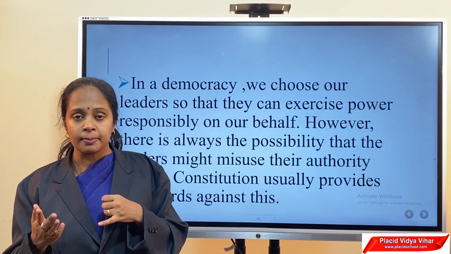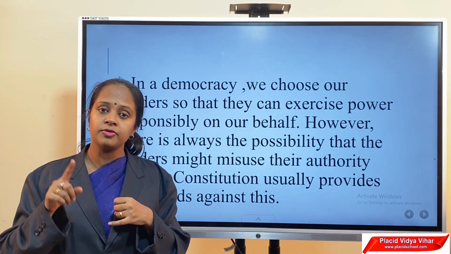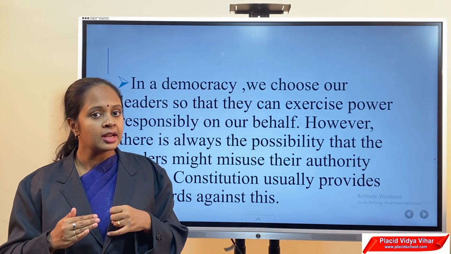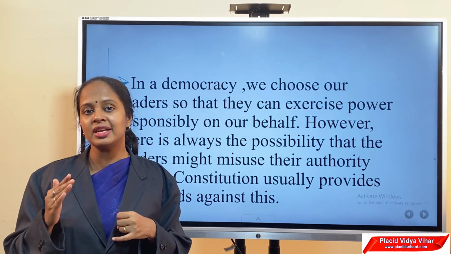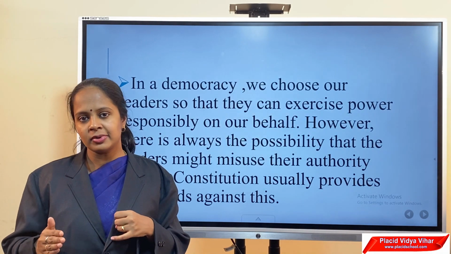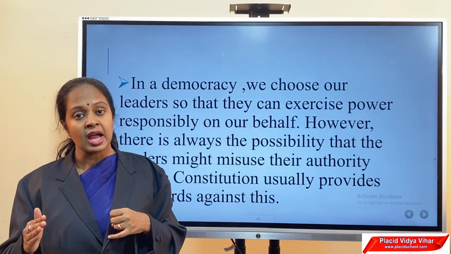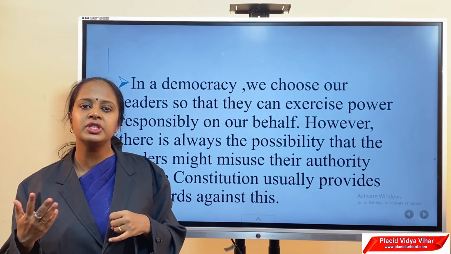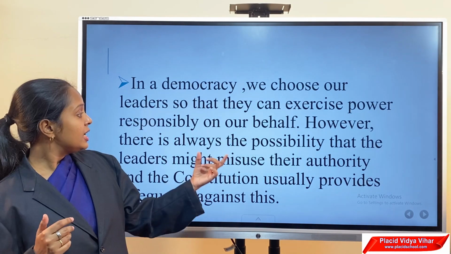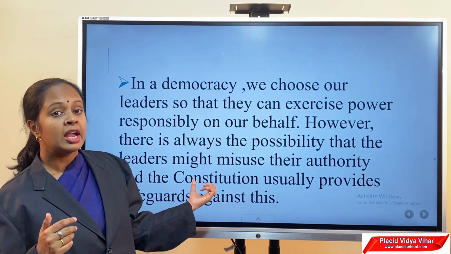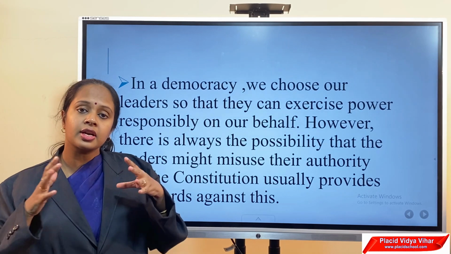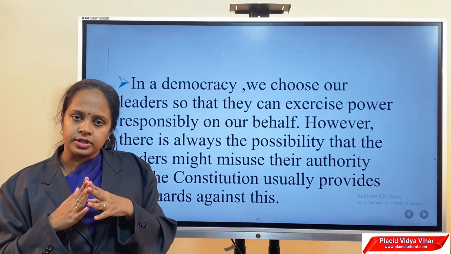In Nepal, their previous constitution was based on the ideals of monarchy, and their present constitution is based on the principles of democracy. In a democratic form of government, there is a chance of misuse of power by the elected representatives, and in that case the constitution safeguards the rights of citizens.